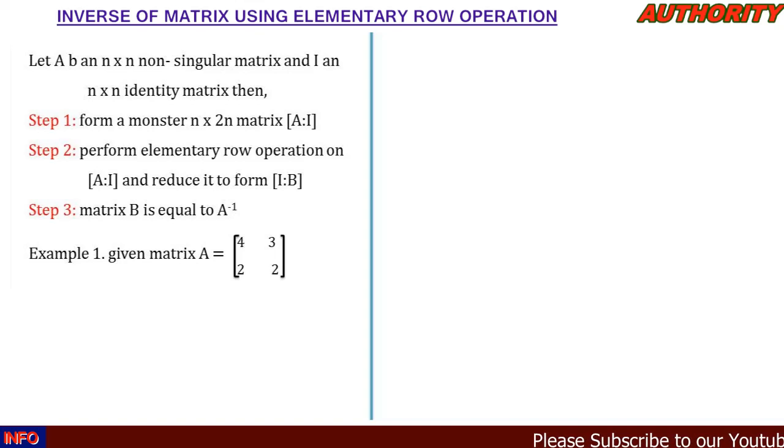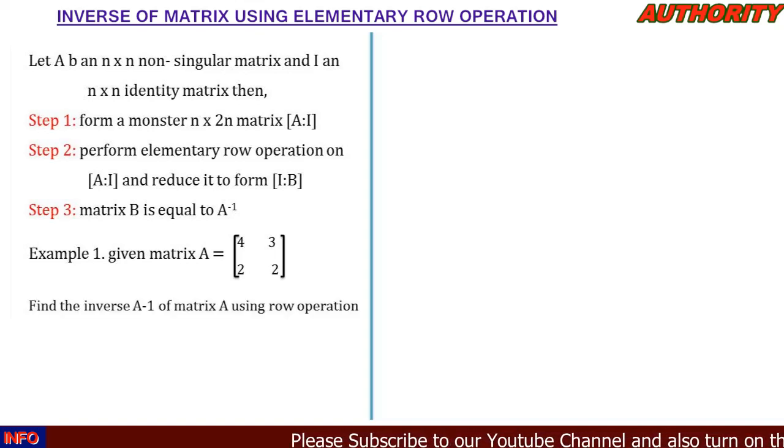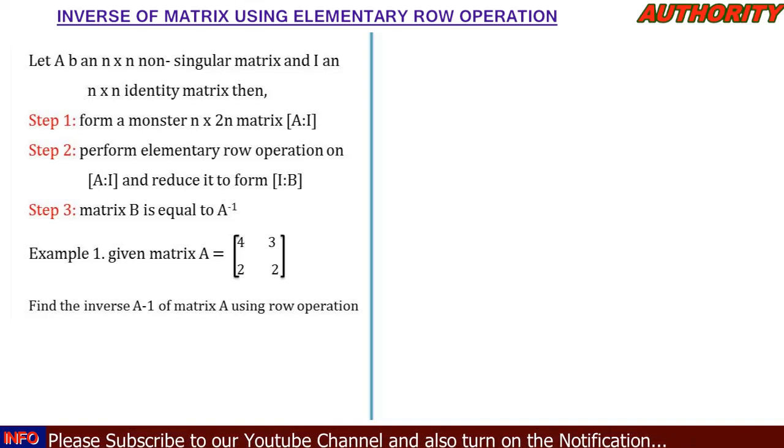Given matrix A = [4 3; 2 2], this is a 2 by 2 matrix. Find the inverse of matrix A using elementary row operation.